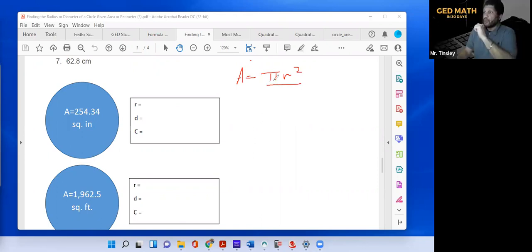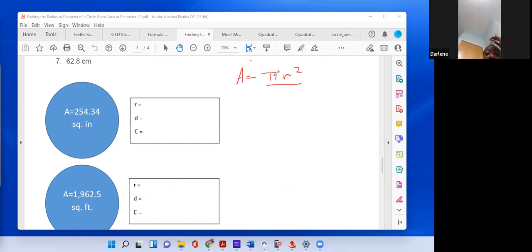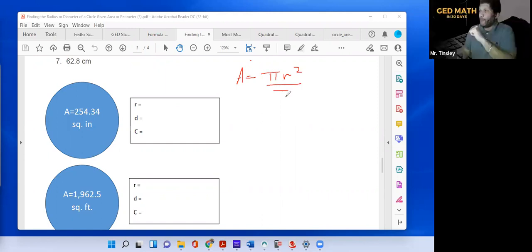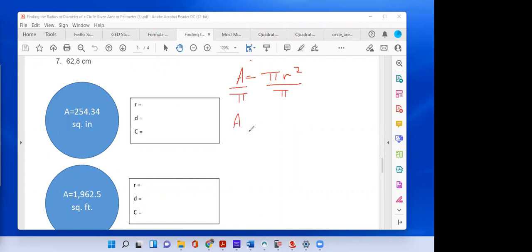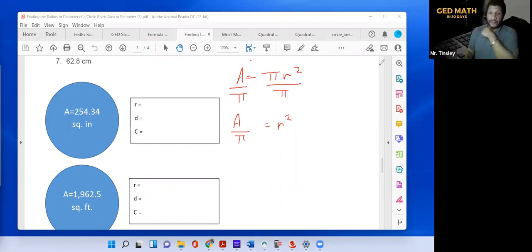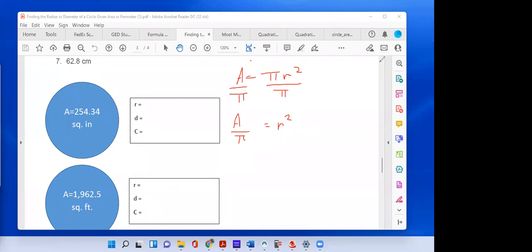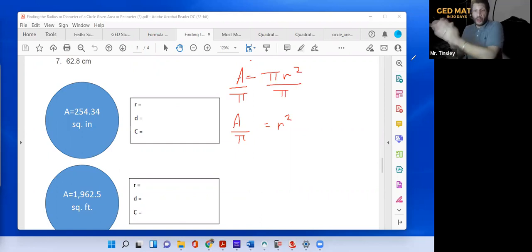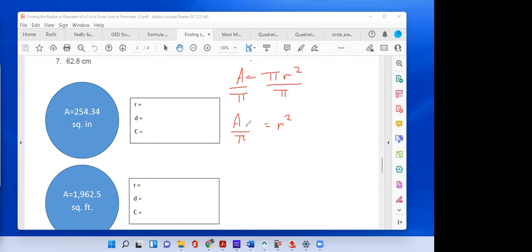So how do we get rid of pi? Division. We're going to divide both sides by pi. So we get area divided by pi is equal to r squared. Is r by itself? No. What's the inverse operation of squaring something? Square root.